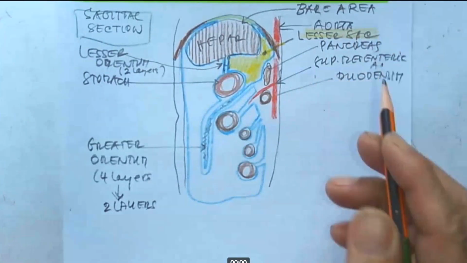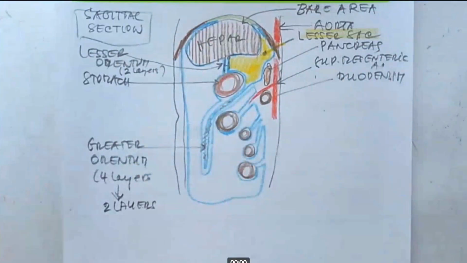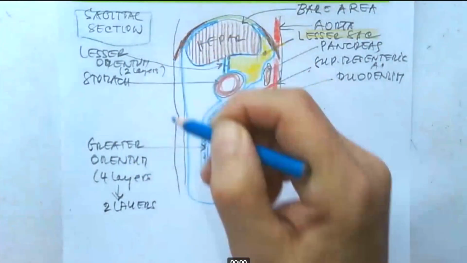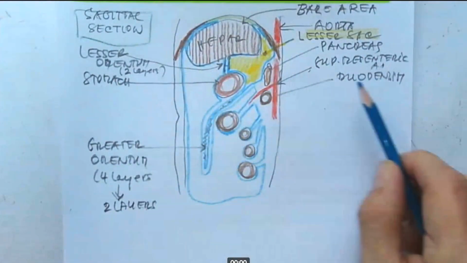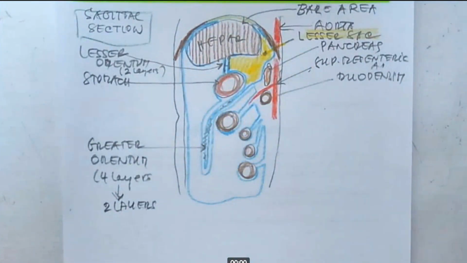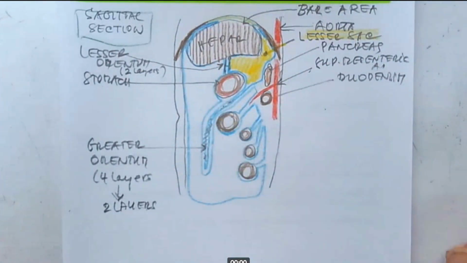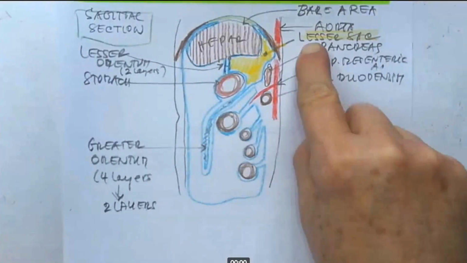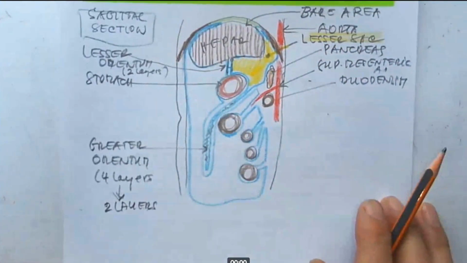The English terminology describes the spaces by calling this whole space the greater sac and that the lesser sac. But the international terminology calls this space just the peritoneal cavity, cavitas peritonealis, and the lesser sac only the bursa omentalis as a subspace.